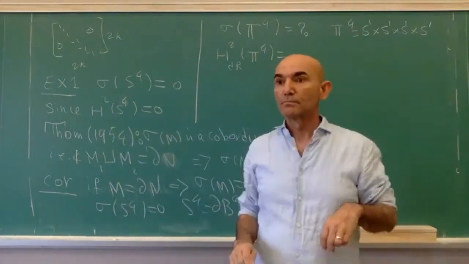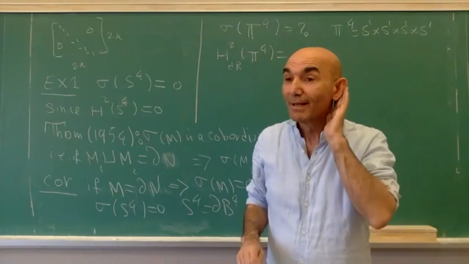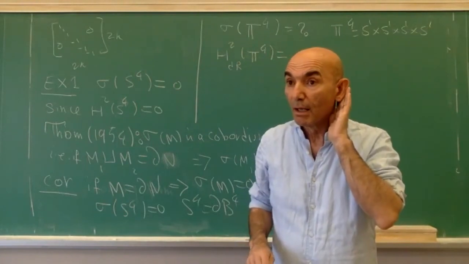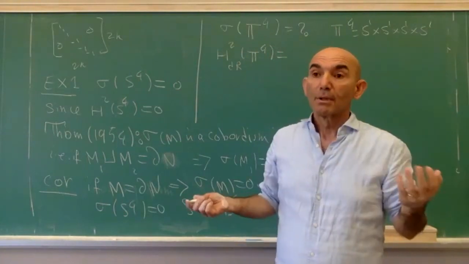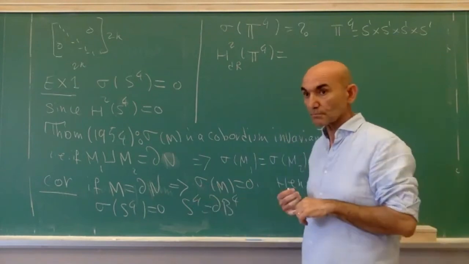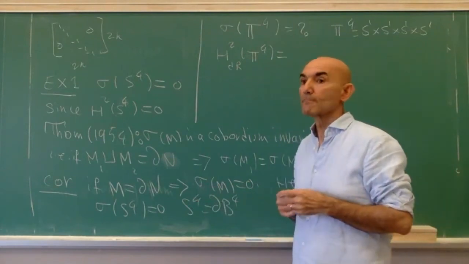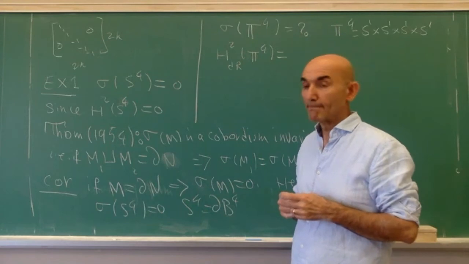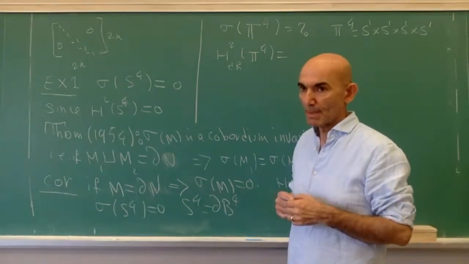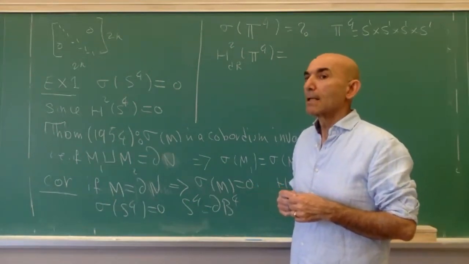We can use the Künneth formula. The product of H2 of T2 tensor H0 of T2, direct sum H0 T2 tensor H2 T2, and then direct sum H1 T2 tensor H1 T2.